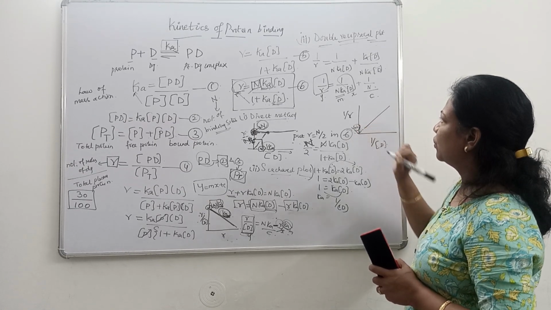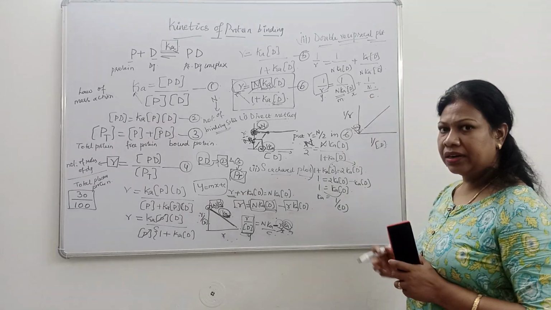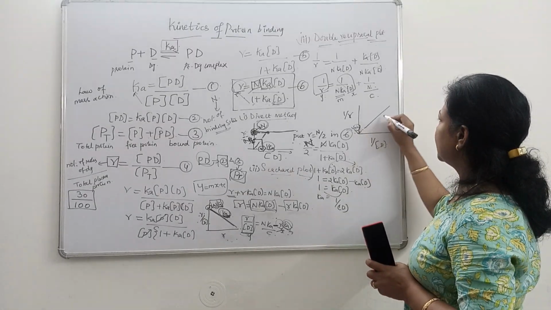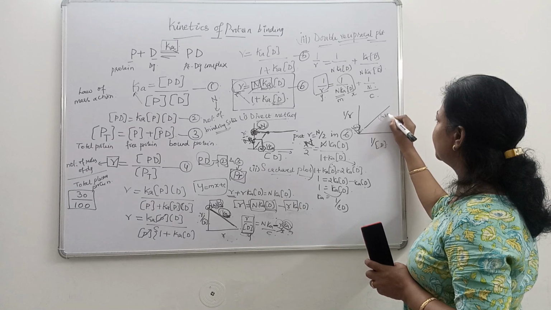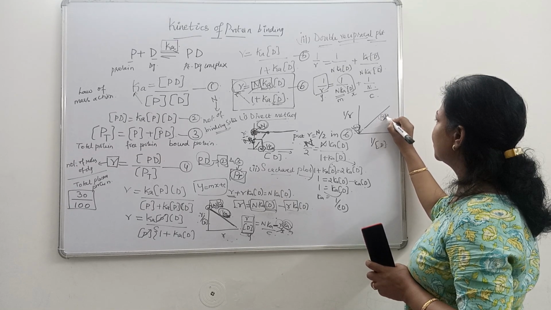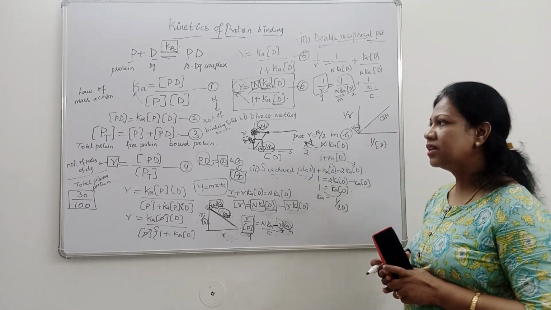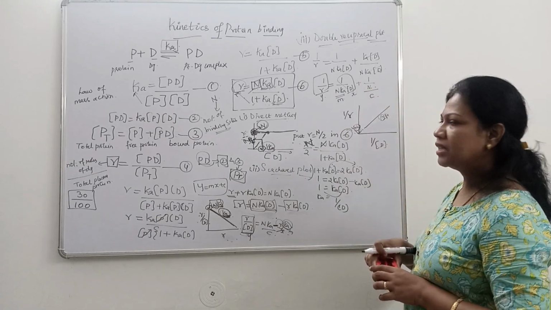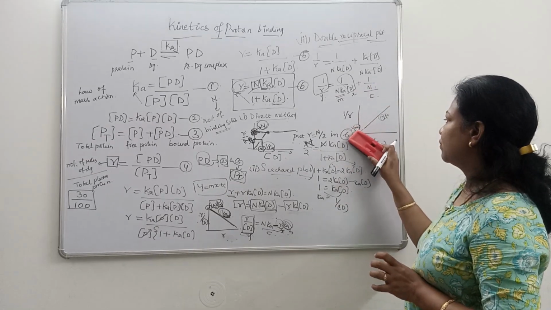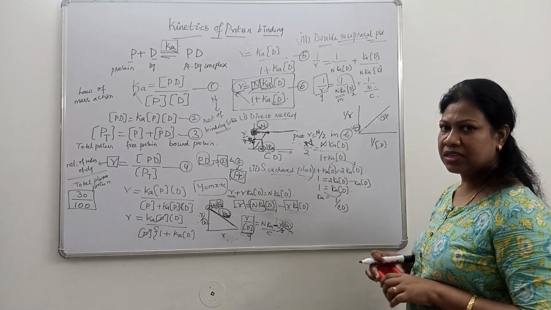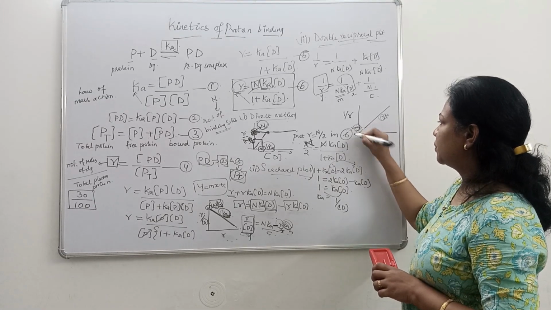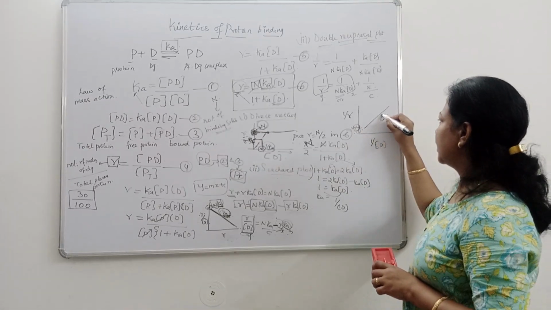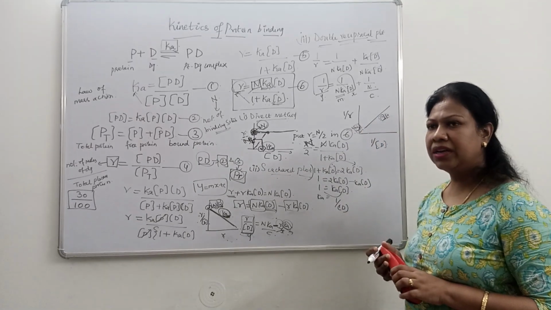So first of all you have to determine the value of n using the intercept, and placing that value in the slope, because we already know n, you can determine Ka from the slope. Here you have to determine the intercept first, because it has only one constant in it. In the slope, two constants are involved. So first determine n, then using n and the slope value you can determine Ka.